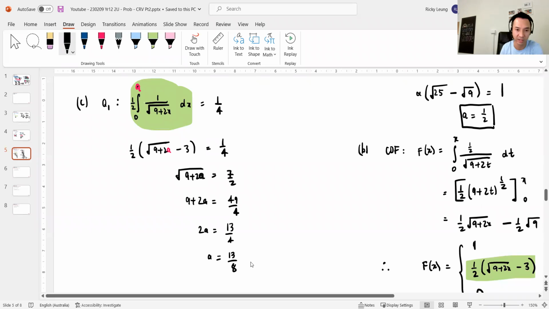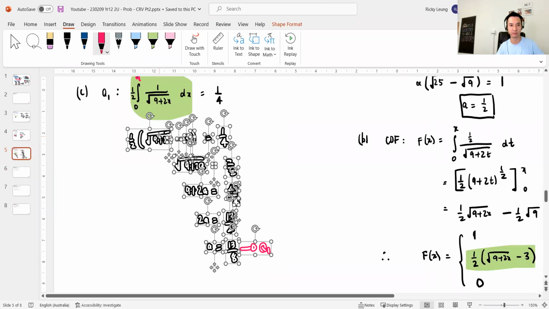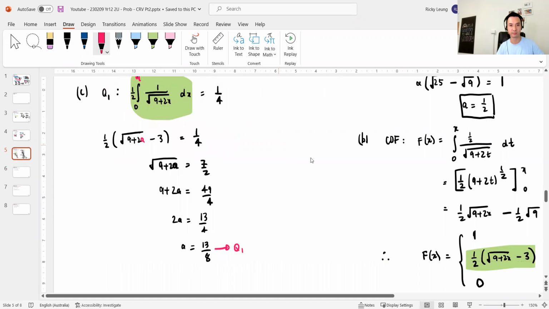Now when I say a, this is Q1. So we do exactly the same calculation. If it's okay with you, I'm going to move this over and just copy and paste for Q3. So for Q3, we do exactly the same thing, and the only thing that's different, everything from here onwards the same, is that it's 3/4.